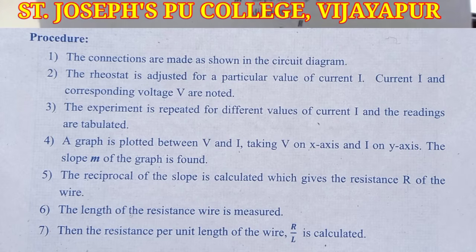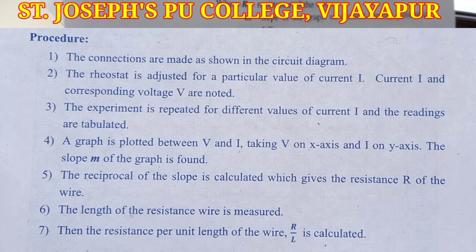The procedure is: the connections are made as shown in the circuit diagram, that is the first point. The second point is the rheostat is adjusted for a particular value of current I, and the current I and corresponding voltage V we have to note down, and the experiment is repeated for different values of current I, and the readings are tabulated.